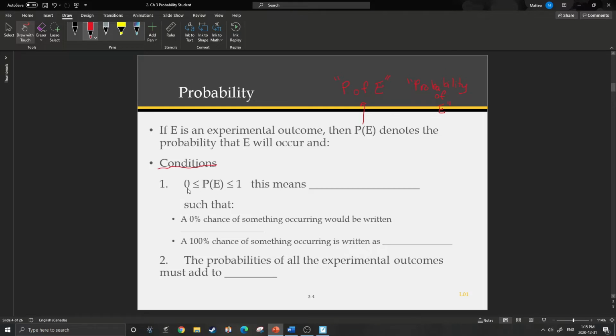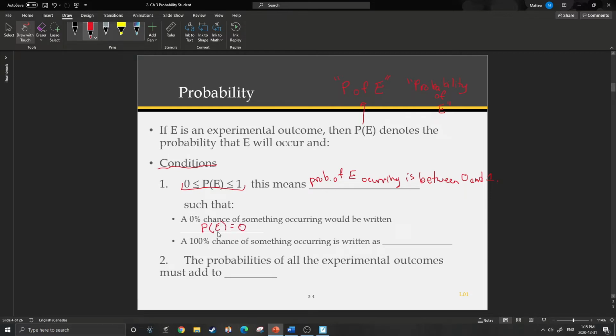So what this says in math is that the probability of E occurring is between 0 and 1, such that a 0% chance of something occurring would be written as follows: probability of E equals 0.